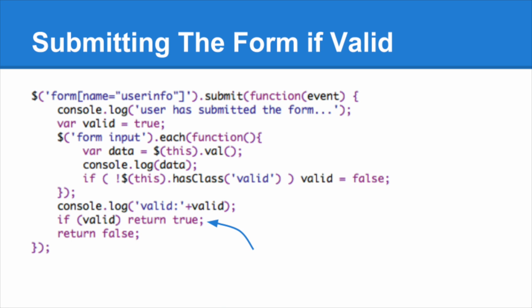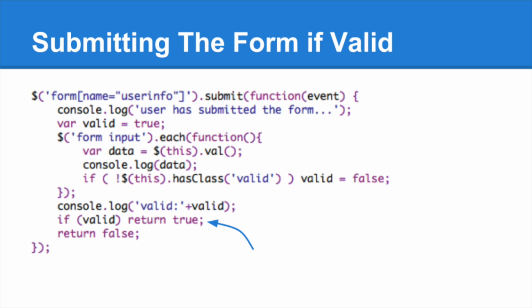Can anyone tell me how I could replace those 2 lines with 2 words? Knowing about Boolean logic. Think about it. Not return false, return valid. Remember, valid is true or false, isn't it? We want to return true or false from this function.